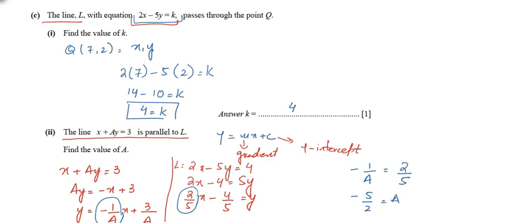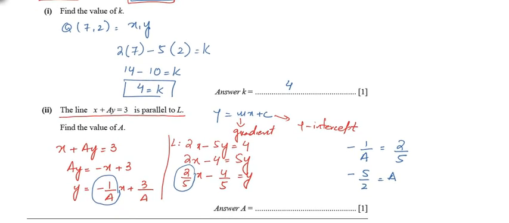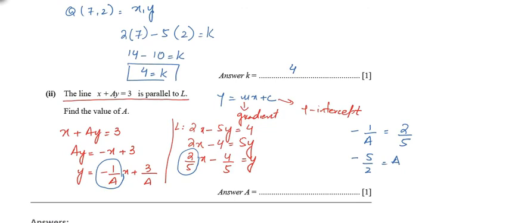If we cross multiply this, it will be minus 5 upon 2 is equal to a. Remember, we never leave the answer when the numerator is greater than the denominator. We always convert it into either a mixed fraction or a decimal. In decimal, it will be 2.5, and as a mixed fraction, it will be 2 whole 1 upon 2.